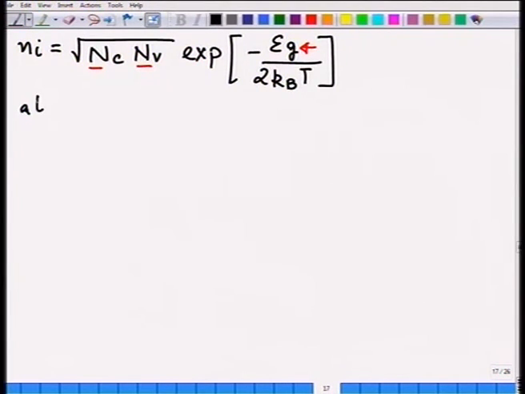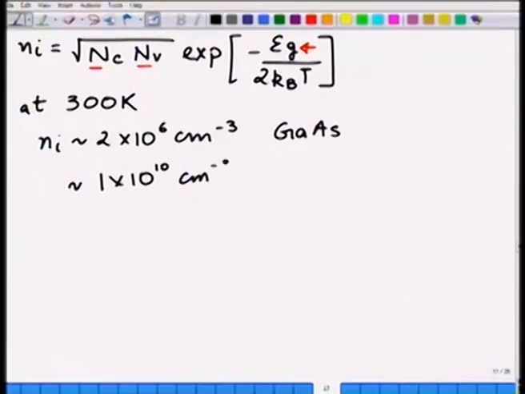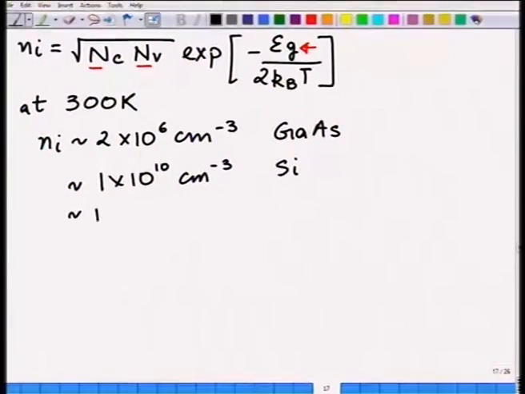So at room temperature, at 300 K, let me give you some numbers. Ni is equal to about 2 into 10 to the power 6 per centimeter cube for gallium arsenide, which has a band gap of about 1.5, about 1 into 10 to the power 10 for silicon, and about 1 into 10 to the power 13 per centimeter cube for germanium.